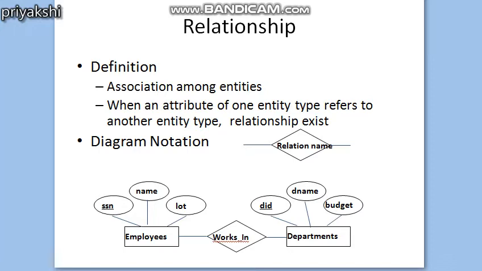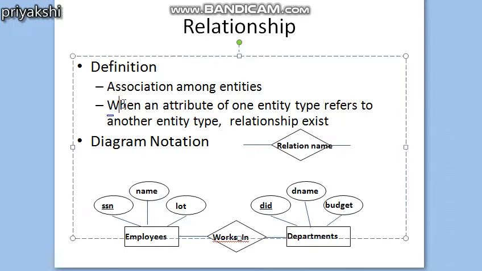Normally there are several implicit relationships among the various entity types, okay? A relationship generally defines the association among different entities. To be more formal, a relationship will exist when an attribute of one entity type refers to another entity type.